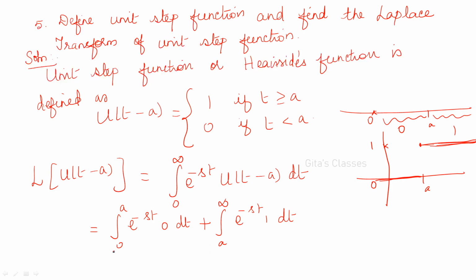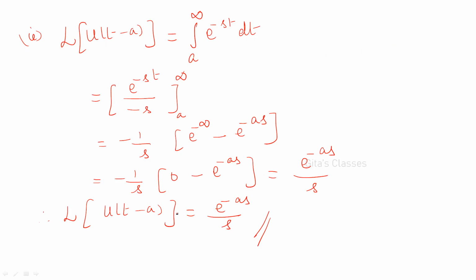Okay. So find the Laplace transform of unit step function means L of u of t minus a is integral 0 to infinity e power minus st into u of t minus a, by definition. What is the definition? From 0 to a it is 0, and a to infinity it is defined as 1. So first term will not be there. So L of u of t minus a is integral a to infinity e power minus st into 1 into dt.